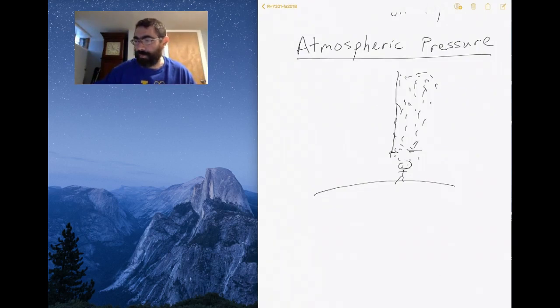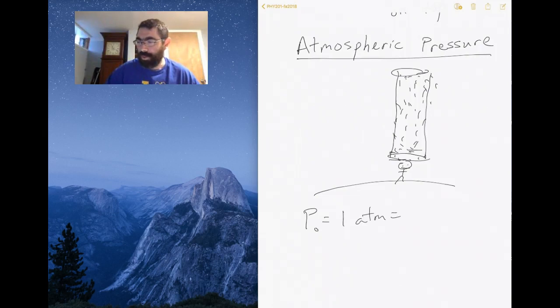So there is a column of air sitting above you, and that has a weight to it. And so the atmospheric pressure that we quoted, P0, as 1 atmosphere, or 1.01 times 10 to the 5th pascals, is due to that weight pushing down on you, because we are a couple miles from outer space.